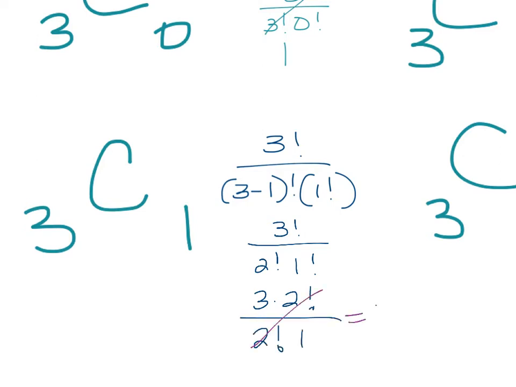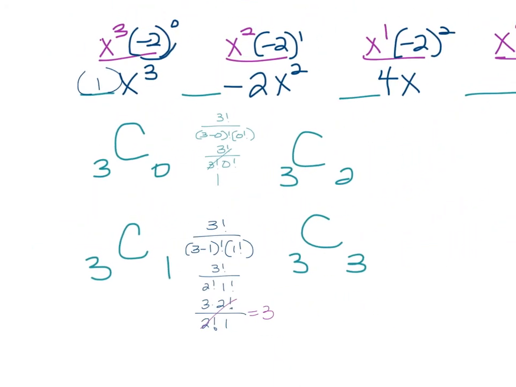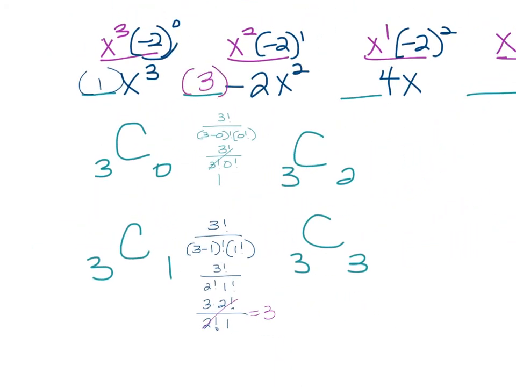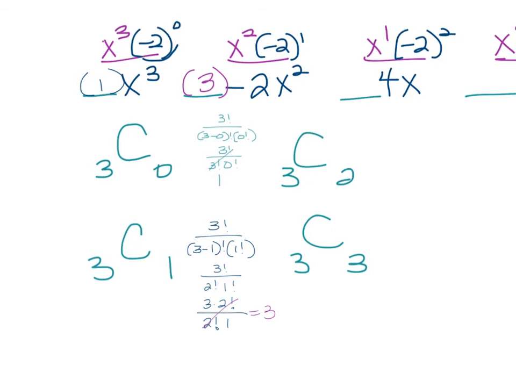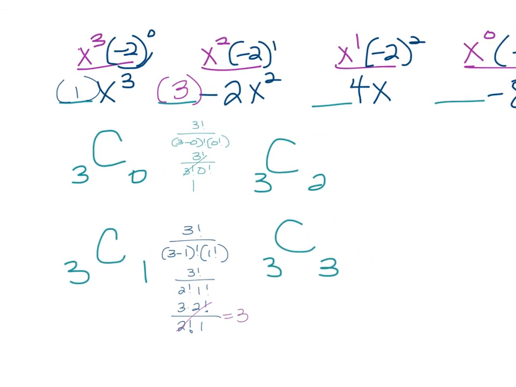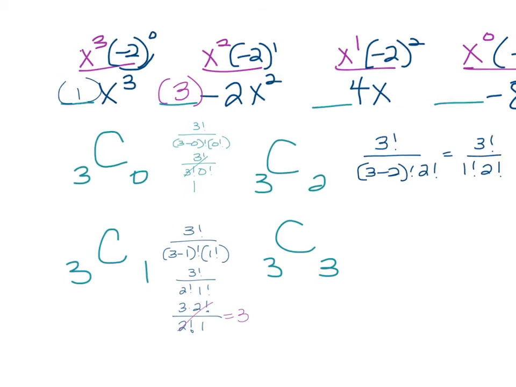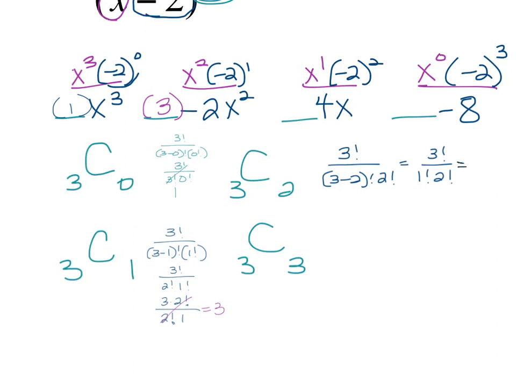And those cancel, and I have just 3. And then I go to the next one. 3 factorial over 3 minus 2 factorial times 2 factorial. 3 times 2 factorial over 1 times 2 factorial. This is 3.